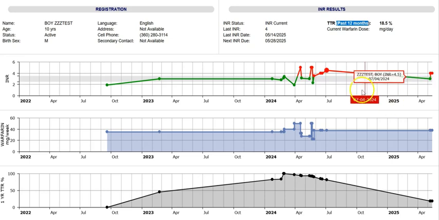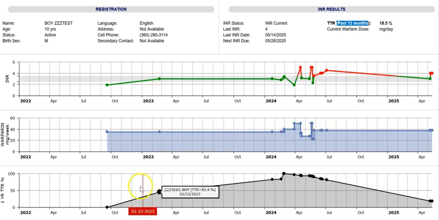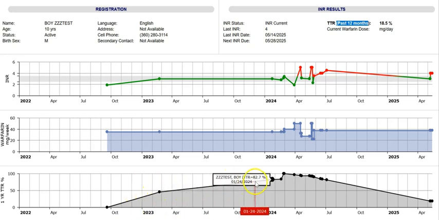In this case, you can see we have a lot of INR values in here, many of which are high. This last one is low. The last two are high. And as a result of that, the trend of TTRs is increasing during this time because all of these values from here to the left are within therapeutic range. But as soon as we start getting into these high sporadic values, the TTR begins to plummet.